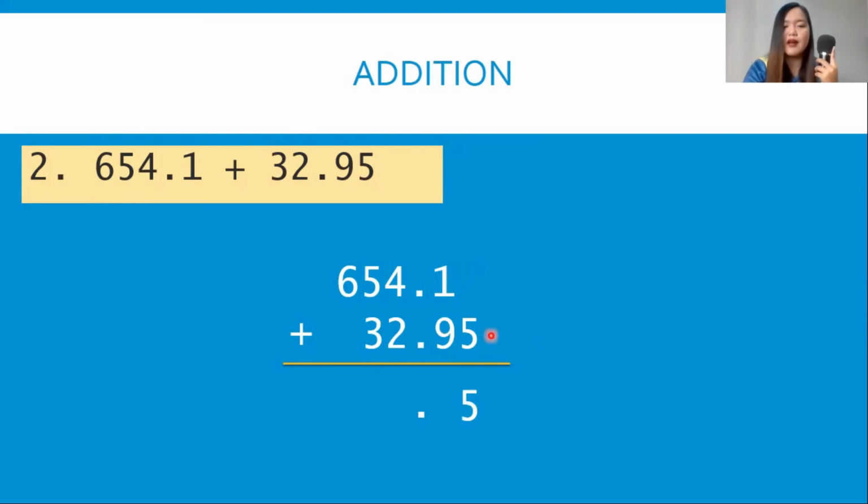And then 1 plus 9, you have 10. Write 0, carry 1. 1 plus 4 plus 3, you have 8. 5 plus 3, you have 8. And 6 plus 0, or just bring down 6, just write 6. So your answer is 697.05.